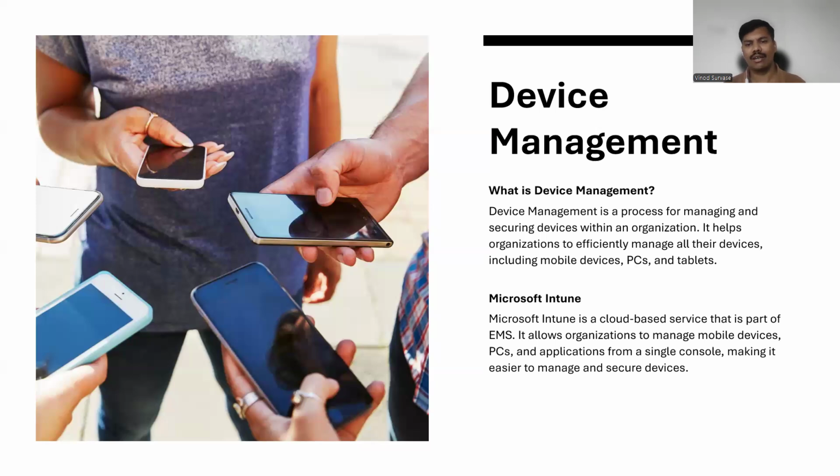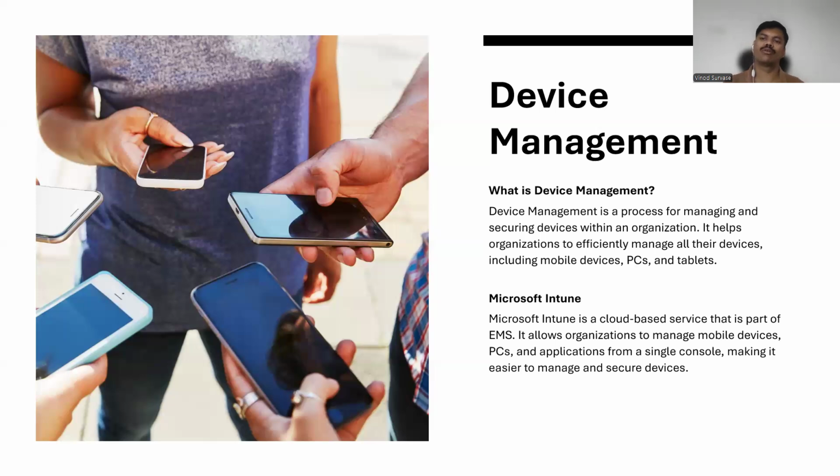As soon as we have the EMS E3 or E5 license, that means we are covered with the Intune license, right? That means we can leverage Intune for our device management, but there are different features which are available in E3 and which are available in E5. So there is a difference between both.